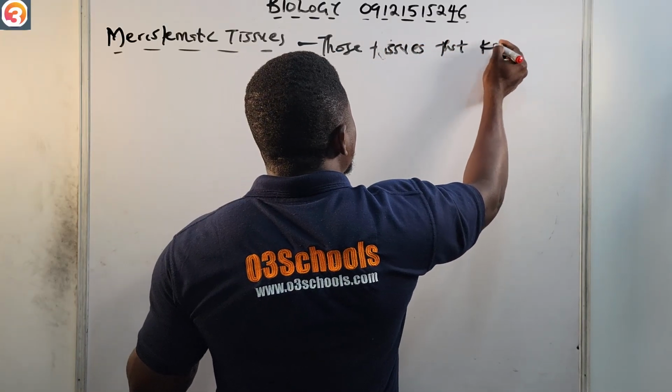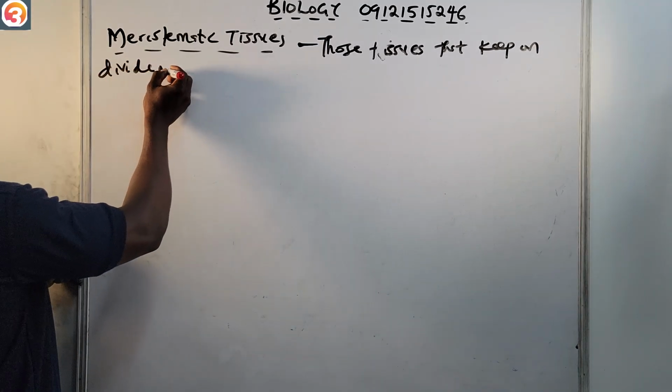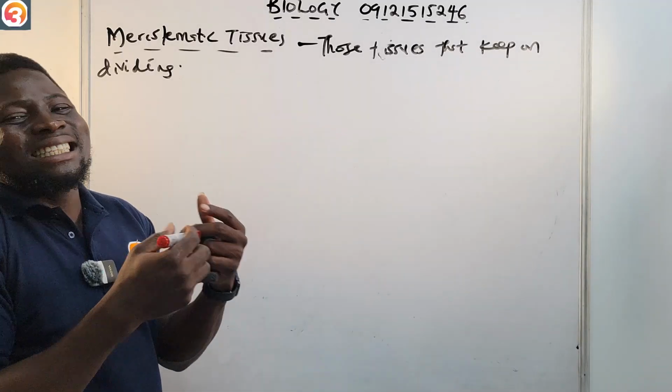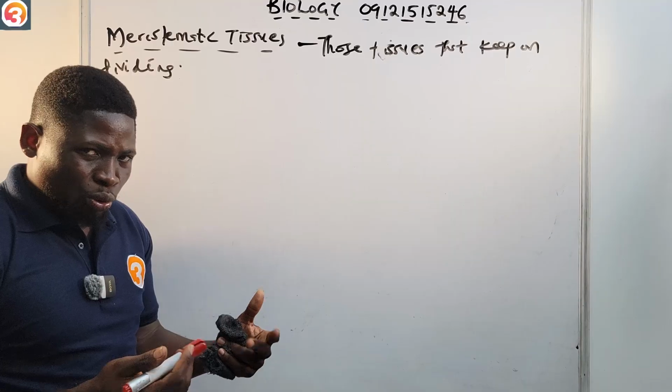Tissues that are actively dividing are what we call meristematic tissues.